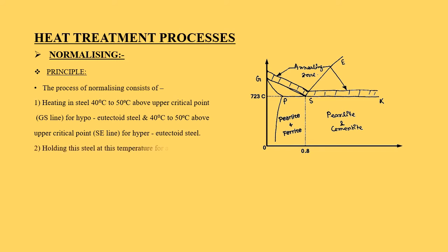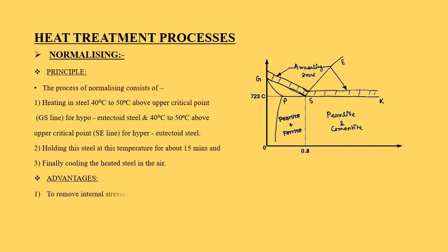Holding the steel at this temperature for about 15 minutes and finally cooling the heated part of steel in the air. The advantages related to normalizing are: internal stresses are removed which are set up in the steel due to previous hot or cold working on it.